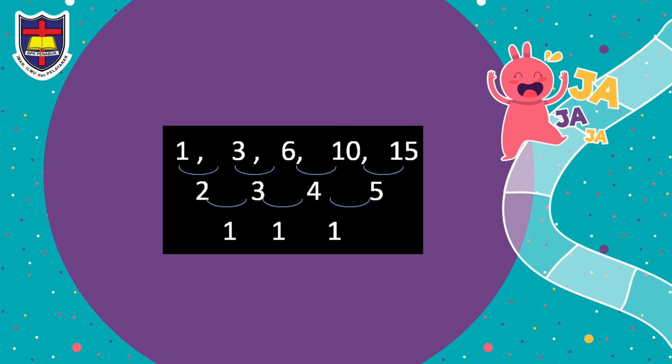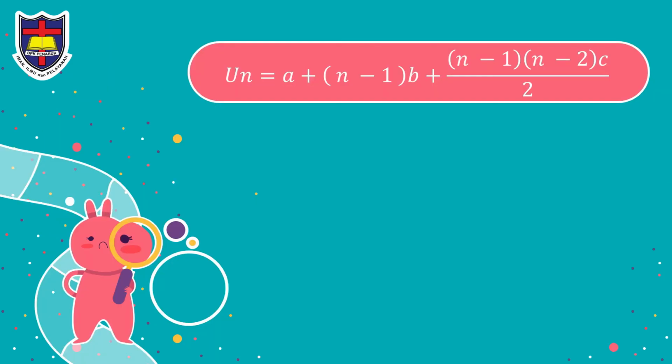So how can we solve it? So we have the formula here. The formula is Un equals to a plus (n minus 1) times b plus (n minus 1) times (n minus 2) times c over 2. Okay, so what is Un?